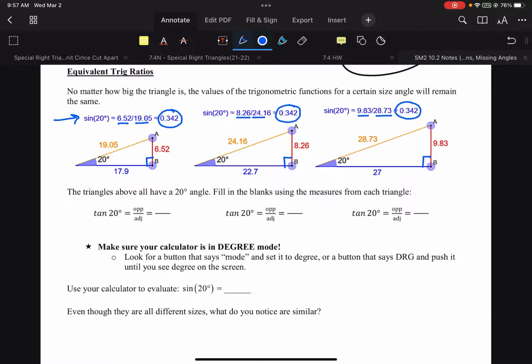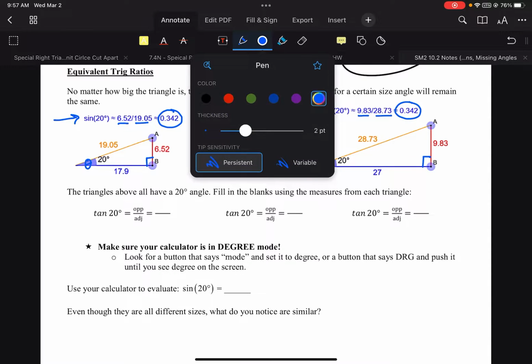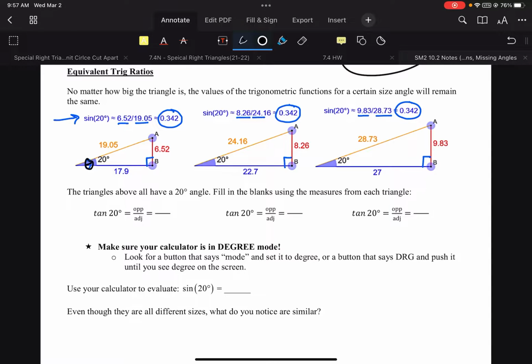So let's do that same thing but with the tangent. With each of these fractions, we're going to identify the tangent of 20 degrees. So the tangent of 20 means that your theta is going to go down here by the 20. Let me change to a black pen. The theta goes down here by the 20. Let's label our sides: hypotenuse, opposite, adjacent.